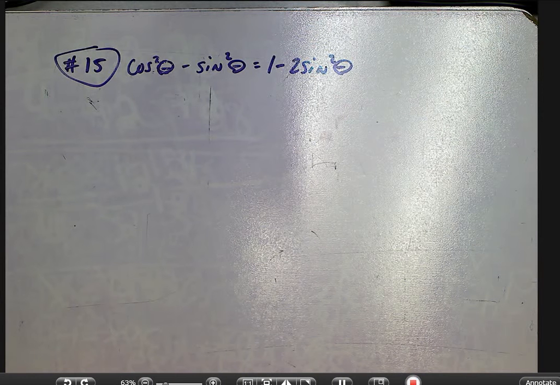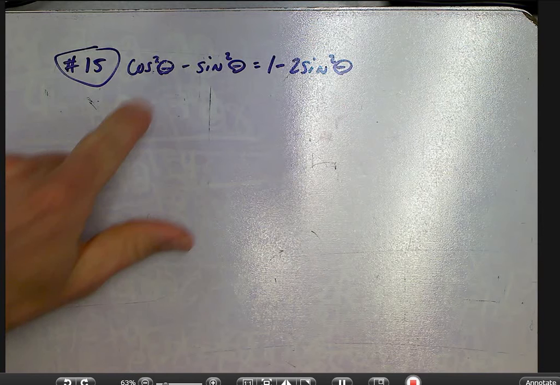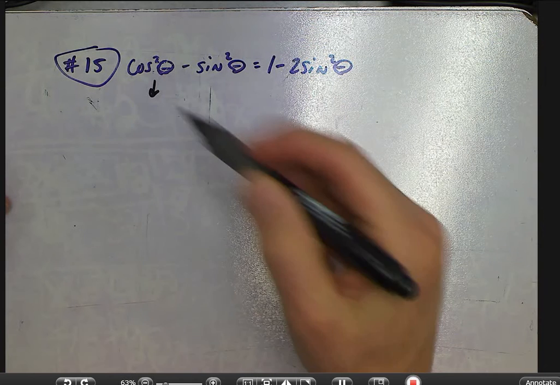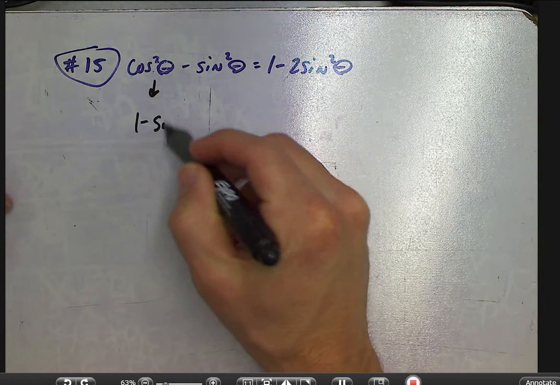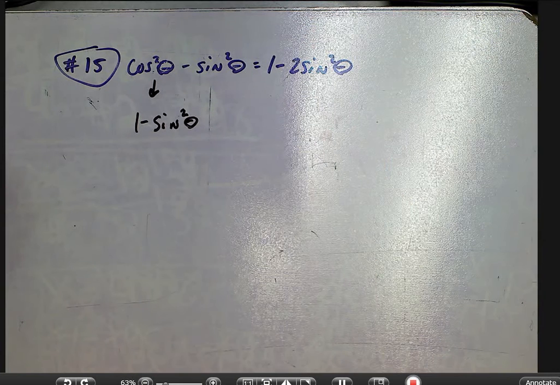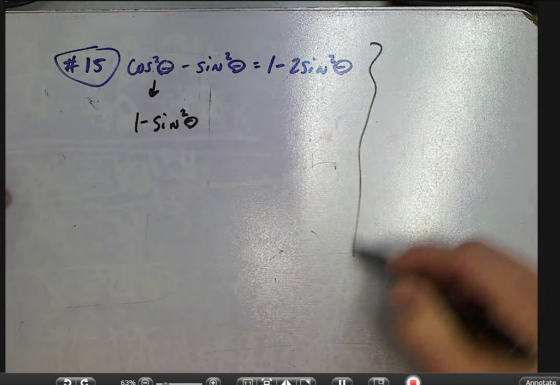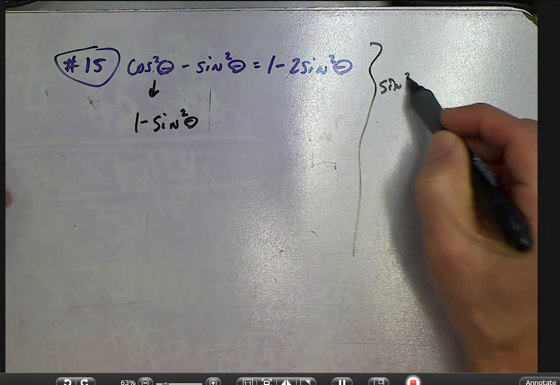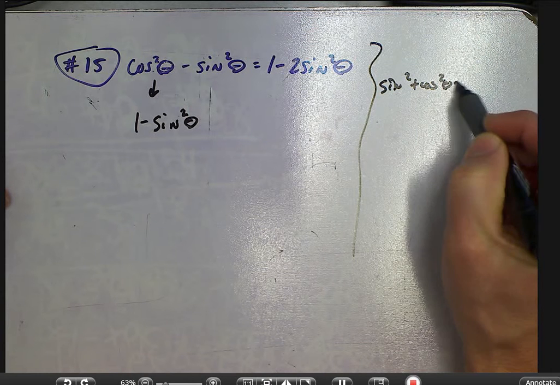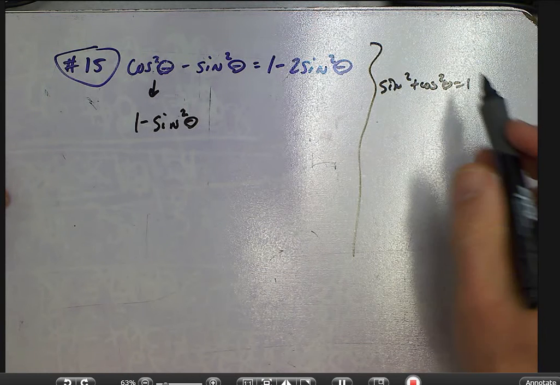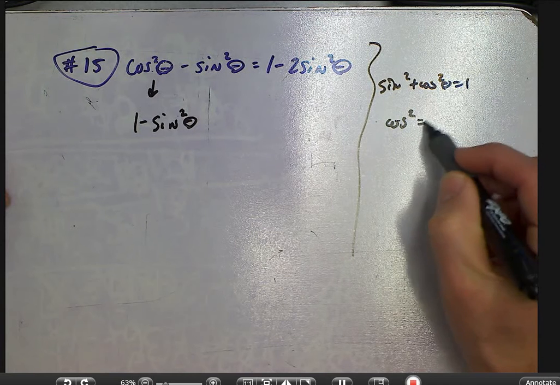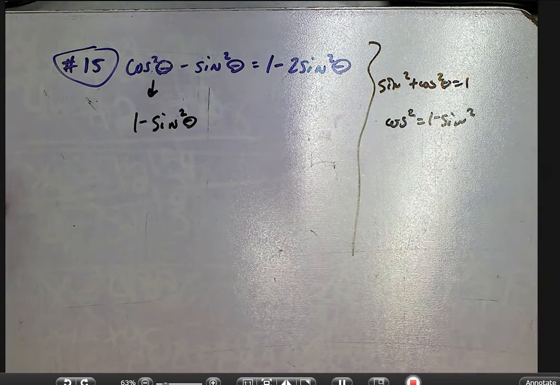First thing I notice is that cosine squared is the same thing as 1 minus sine squared theta. How do I know that? Well, out here to the side, I know that sine squared plus cosine squared equals 1. If I subtract sine squared from both sides, I get 1 minus sine squared.